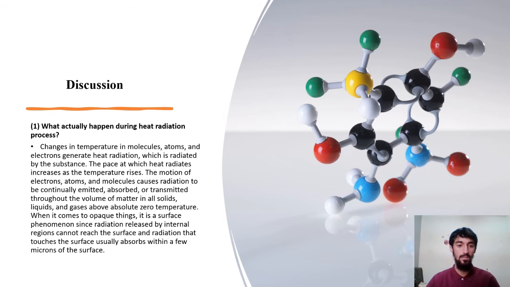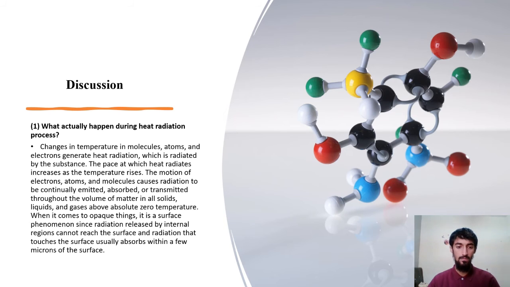For the first question, what actually happened during the heat radiation process? Change in temperature causes molecules, atoms, and electrons to generate heat radiation, which is radiated by the substance. The rate at which heat is radiated increases as the temperature rises. The motion of electrons, atoms, and molecules causes radiation to be continually emitted, absorbed, or transmitted throughout the volume of matter in all solids, liquids, and gases above absolute zero temperature.